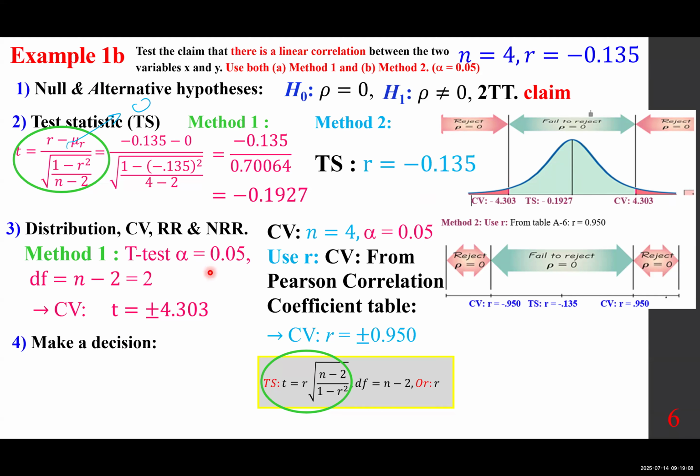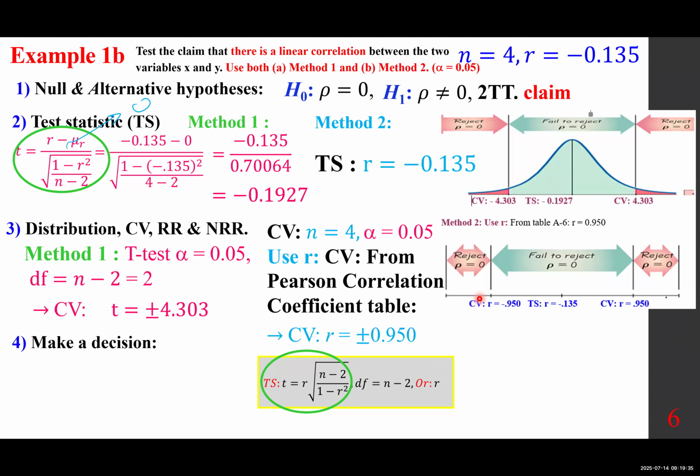T is plus minus 4.303, so negative, positive. Your test statistic is what? Way into the non-rejection region. Fail to reject, rho is 0 there. Okay, fail to reject, rho is 0. The second method uses just a number line in essence.